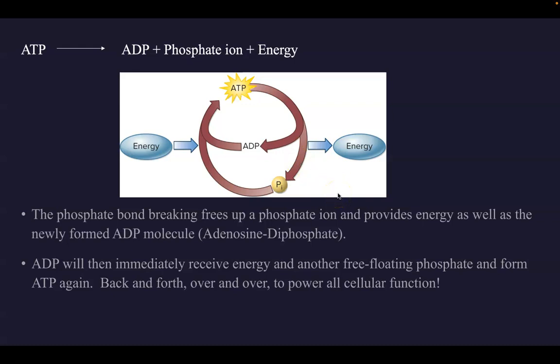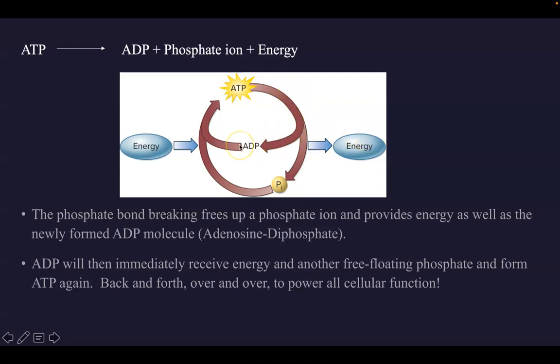The phosphate bond breaking frees up a phosphate ion and provides energy as well as the newly formed ADP molecule. So we've got ATP, we break that phosphate off. Here's the phosphate that is no longer part of it. Here's the 2-phosphate molecule. Once we've got ATP breaking that phosphate off, energy release happens. That's how energy is supplied.